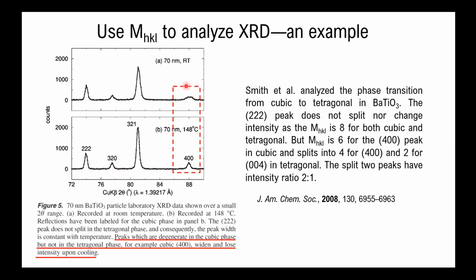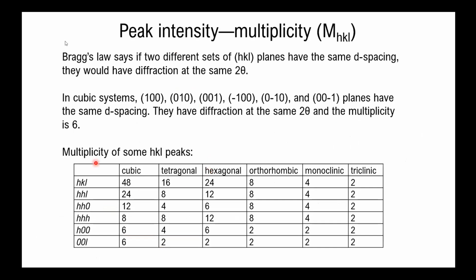And this is a perfect example of how multiplicity can be used to analyze the diffraction, because for this one, in the cubic system, as I described in the text here, this is a sixfold, right? It corresponds to the H00 in the cubic, so the multiplicity is 6.